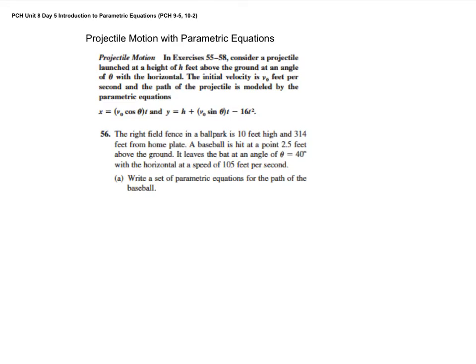Alright? Theta is the angle with the horizontal, so that is the direction angle for our vector. Okay? So notice our parametric equations. X equals v sub 0 cosine theta t. That right there, if you remember, was the horizontal component of your velocity vector when you put it into component form.